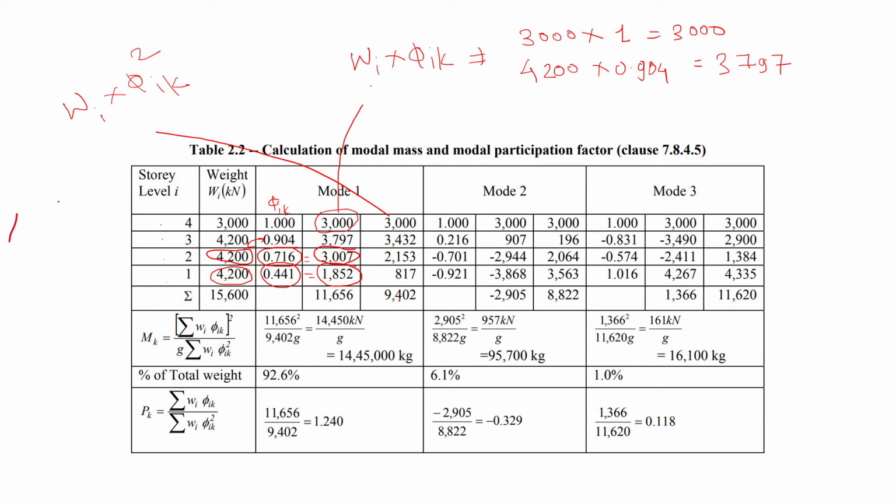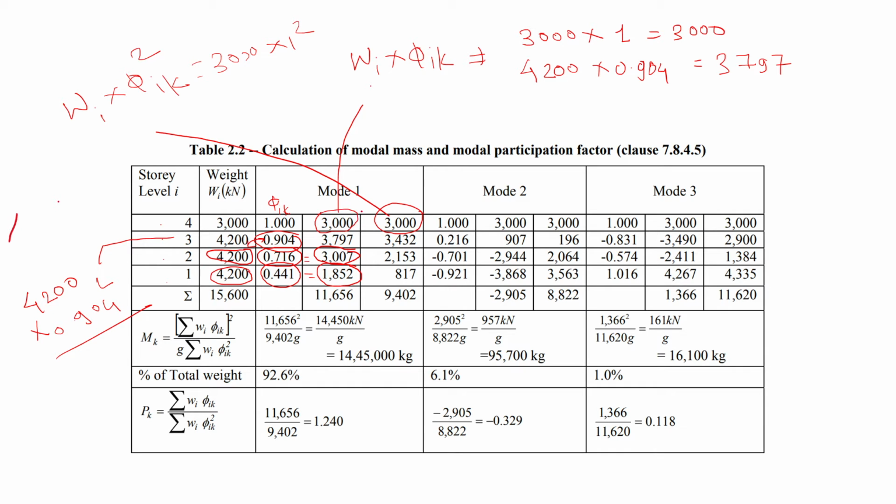Weight is 3000 into 1 square, which is again 3000. Now I will show you this calculation: 4200 multiplied by the square of the mode shape coefficient, 0.904 squared.